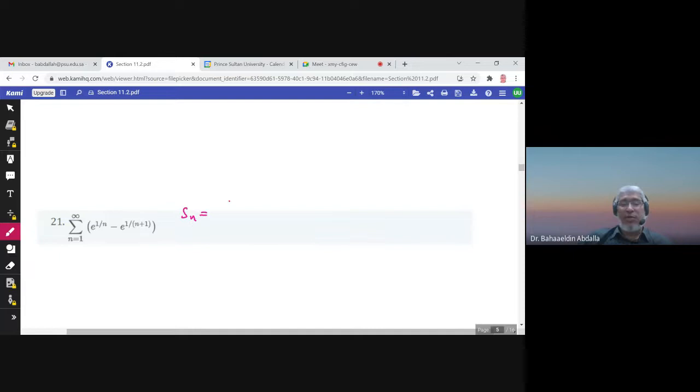Sn is summation I from 1 to n, ai, and this is an. So ai would be e to the power 1 over I minus e to the power 1 over I plus 1.